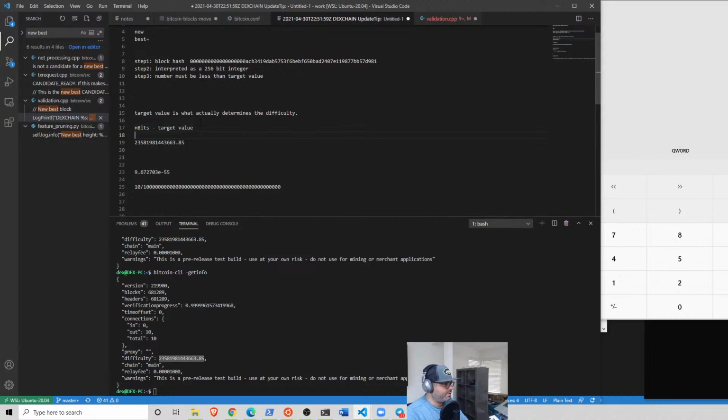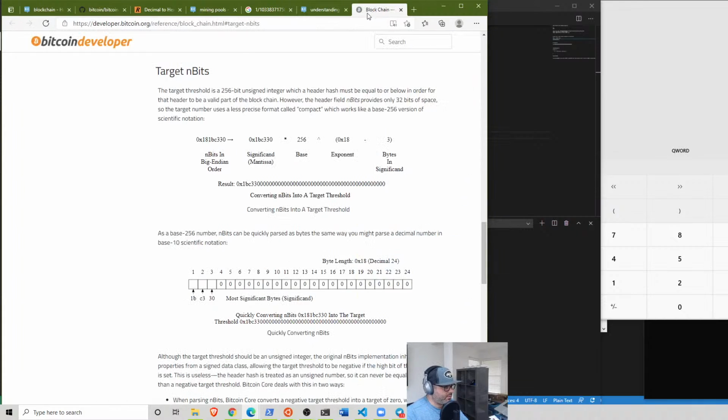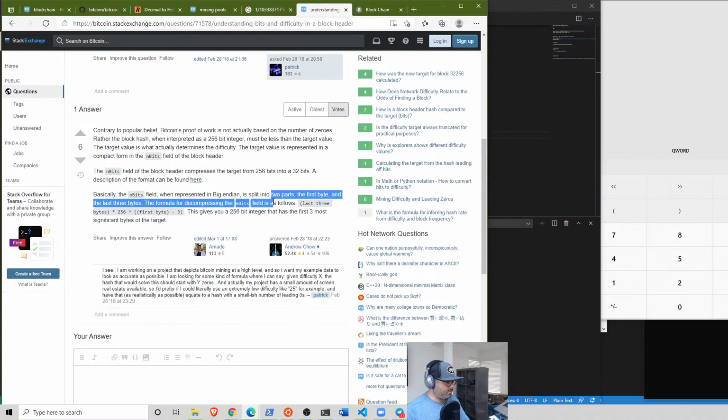The format can be found here. We'll get into that later. We don't care about the nBits. Basically, the nBits field represents the big endian. We're not going to get into endianness yet. It's split into two parts. This gives you the 256 integer that's the first three most significant bytes of the target.